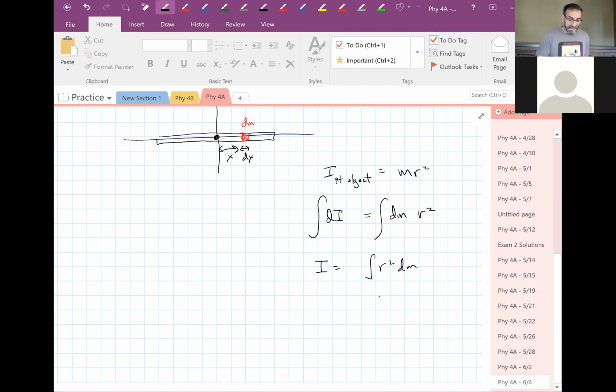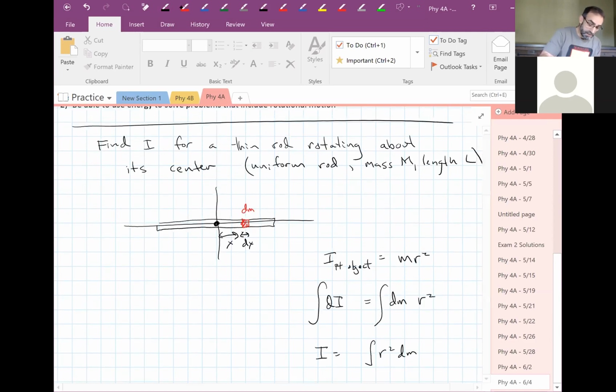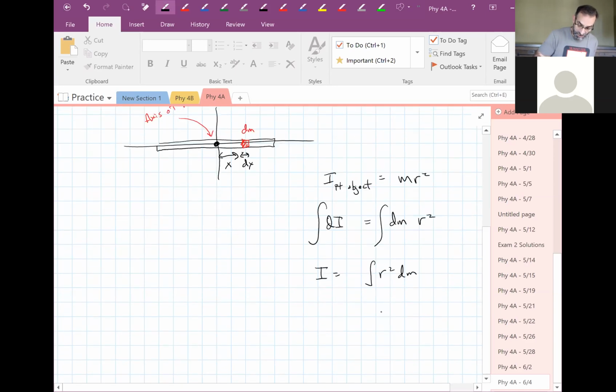I made the axis of rotation the origin. And by making the axis of rotation the origin, then my x, what happened to my x? My x is r. It's the distance from dm to the axis of rotation. So r here is just x.